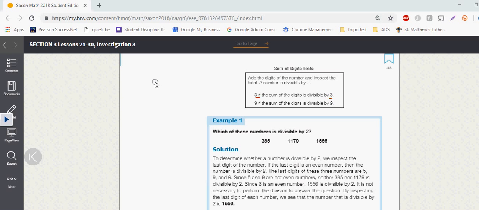Let me show you an example: 93. It's divisible by 3, not because it ends in the number 3, that doesn't always work, but you take these digits, 9 and 3, and separate them as if they were both worth a ones digit. 9 plus 3 is 12, and you ask, is 12 divisible by 3? Yes, it would come to 4. It comes out even, therefore 3 worked for that number.